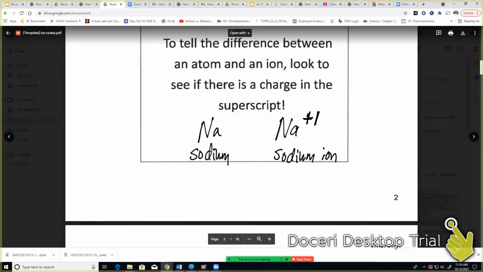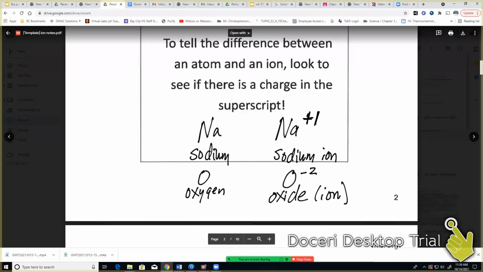If we look at a nonmetal, O is oxygen, where my protons are equal to my electrons, but O with a -2 is now the oxide. And you don't have to put ion, but you can put ion because it's gained 2 electrons.